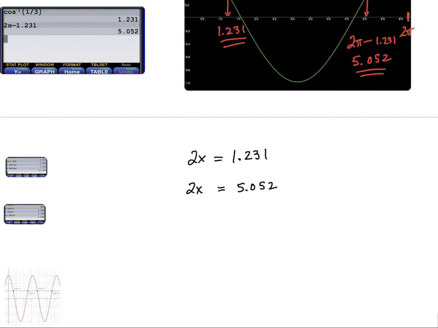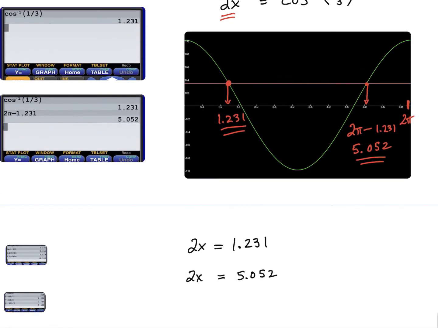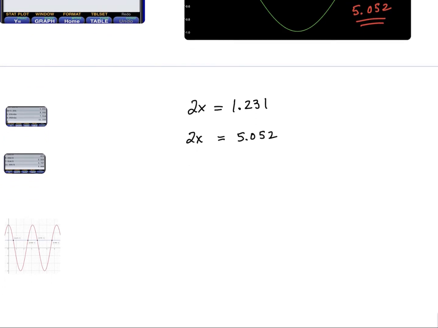Since we're supposed to find 4 answers, what we would need to do is follow this graph out for another cycle. Okay, that is very sloppy, sorry about that. Anyway, if you followed out for another cycle, that means you're adding another 2 pi. So to each one of these, we just need to add 2 pi.